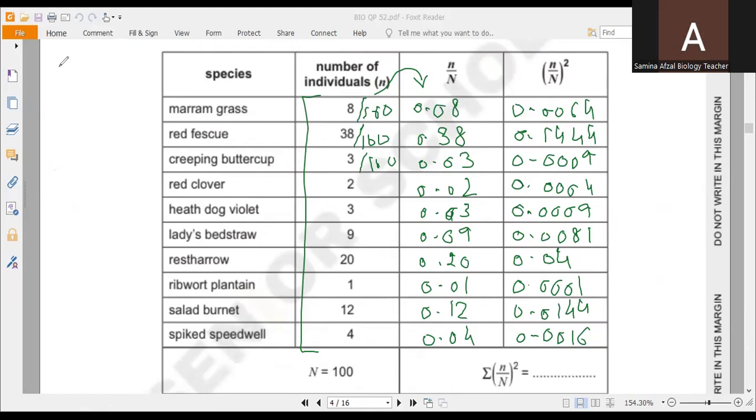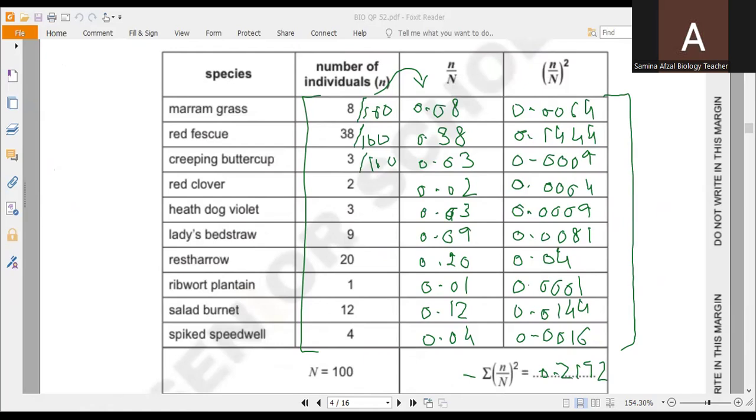Now we will take the summation. Summation means we will add up all these values. After adding, the value is equal to 0.2172.